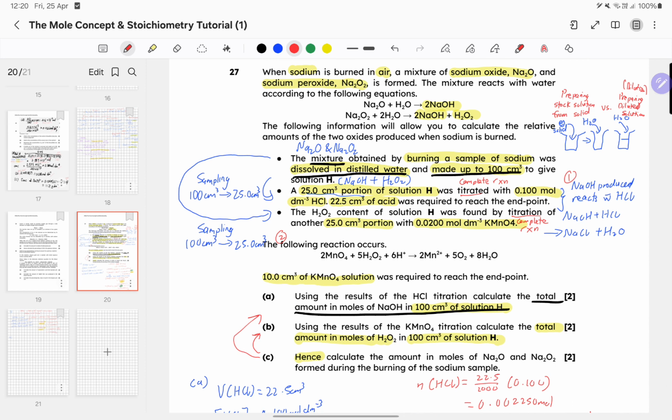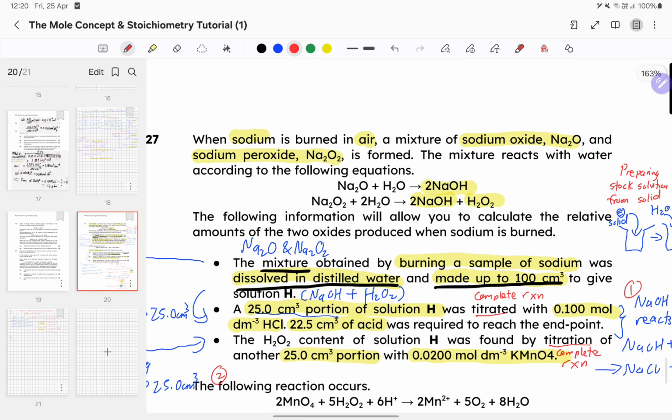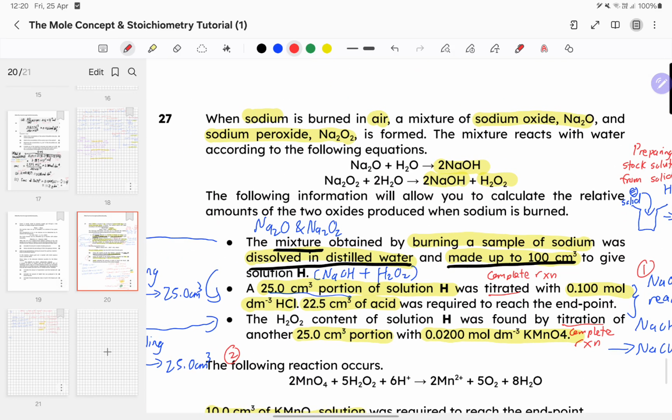Okay, so NaOH and H2O2, right? You can see over here, there's two reactions, A and B. NaOH, H2O2, when you know the number of moles of H2O2, you can actually just directly find the number of moles of sodium peroxide over here.